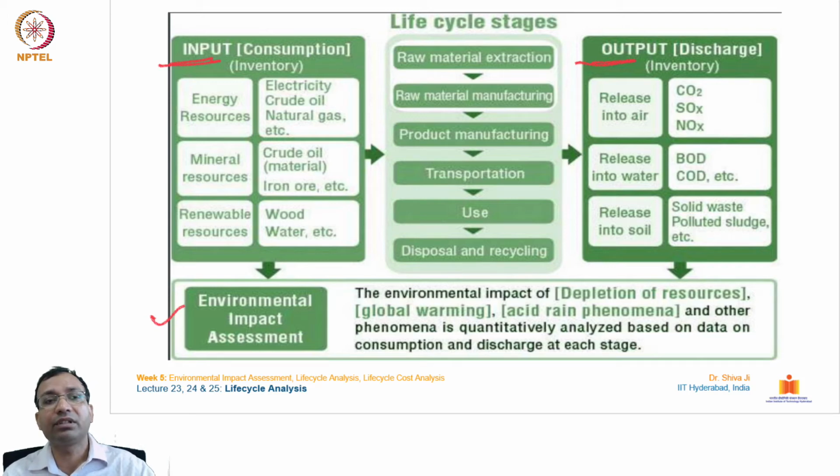If you see the bottom left portion, that is where it starts exerting its impact. For example, if we are extracting natural resources, hydrocarbons, wood, timber, or harvesting trees, we are exerting some kind of impact on the ecosystem.